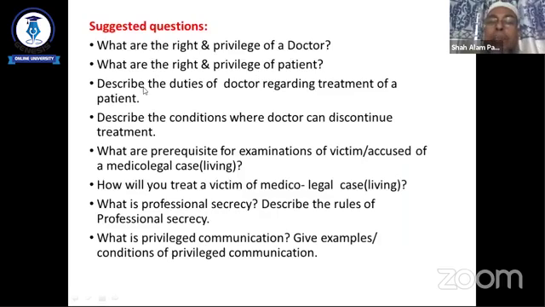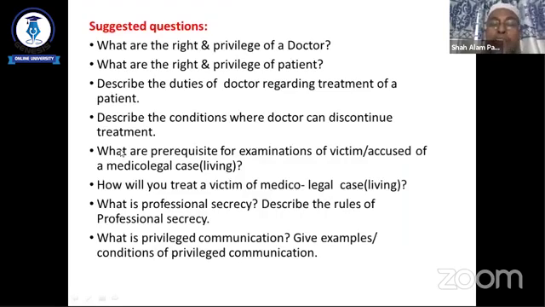Describe the duties of a doctor regarding treatment of a patient. This is very much important, and every doctor who practices needs this. That's why it is important for examination, whether written or oral, and also for your practical life. Describe the condition where a doctor can discontinue treatment.